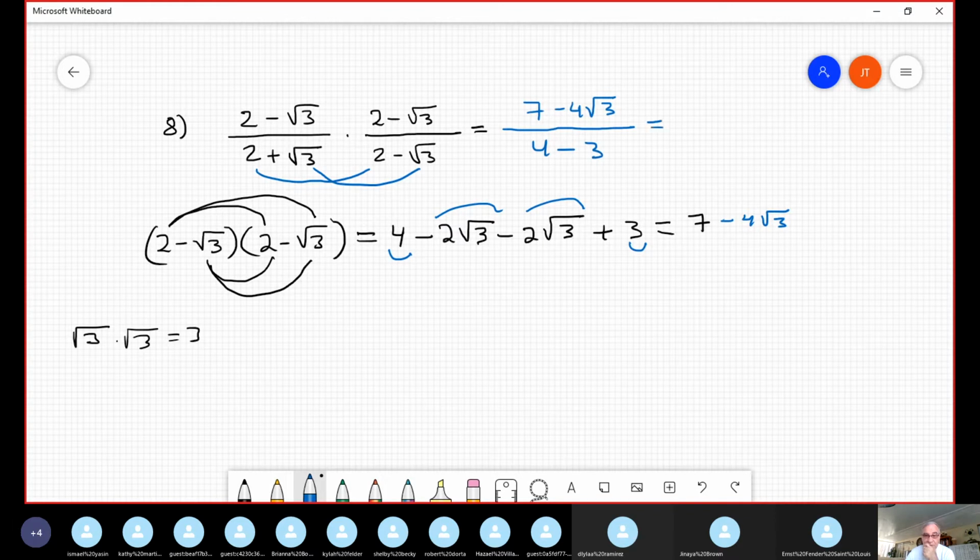And 1 is invisible. Therefore, the answer is 7 minus 4 radical 3, like divided by 1. But 1 is invisible, I don't like this 1 in the denominator. It's option A. In the handout, they put a 1 in the denominator, but it has no sense.